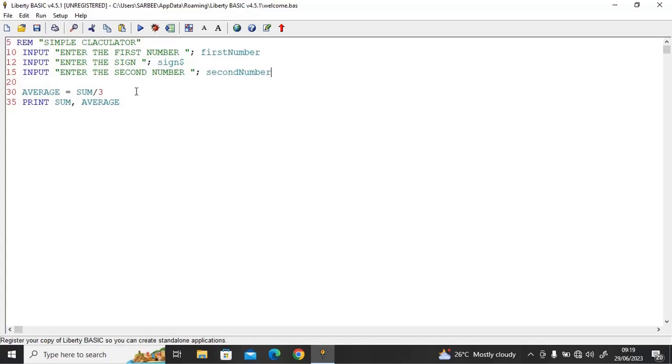So what I'm going to do now is make an if condition. And the if condition is that if the sign, let me make it capital letter so it will be readable. If sign, that is, if what the person enters there is plus, let's check.